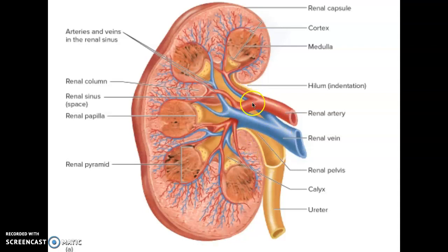This is the renal pelvis, this space. Then we have the minor calyces, the major calyces, and then this space draining the urine called the renal pelvis.